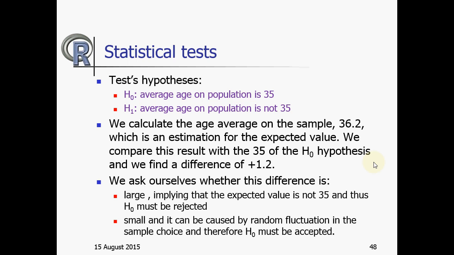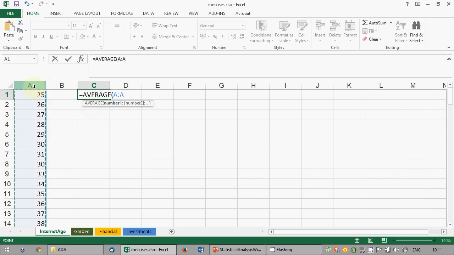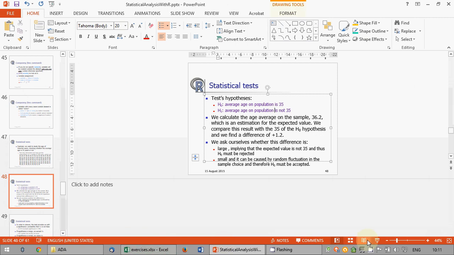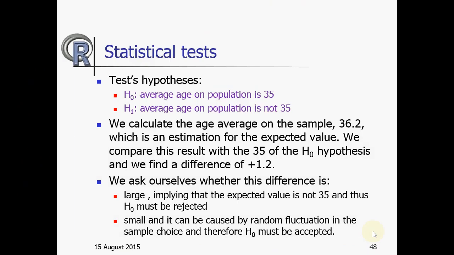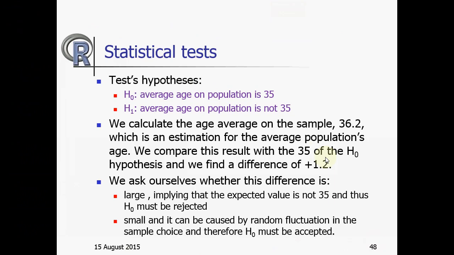Now we calculate the average age of the sample. Well, Excel, you should know, has a wonderful function called average. 36.2. Okay, so the average age on our sample is 36.2. It's an estimation of the average age of the population.